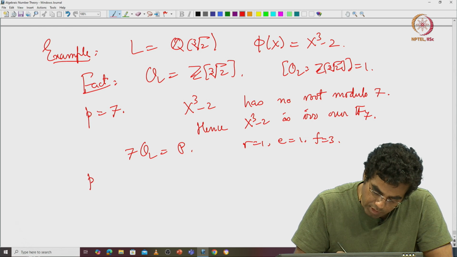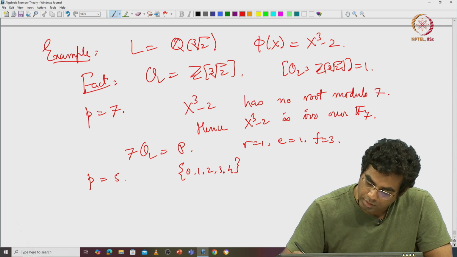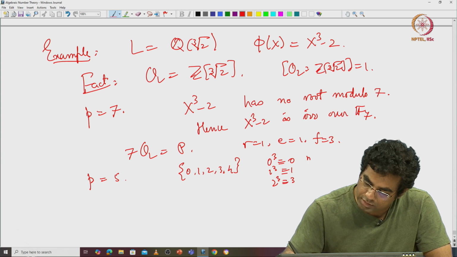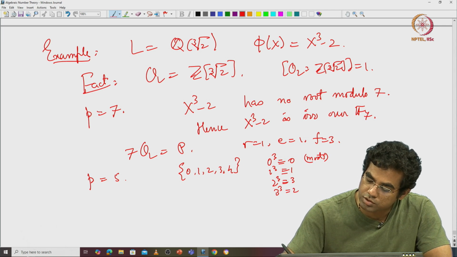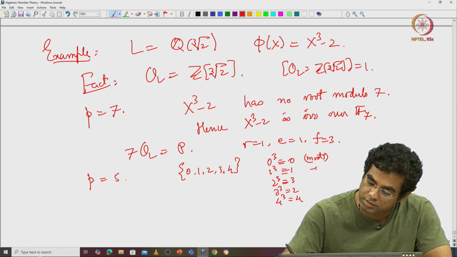Let us take p equal to 5, okay, and so there are 0, 1, 2, 3, 4. 0 cubed is 0, 1 cubed is 1, 2 cubed is 8, which is 3, and 3 cubed is 27, which is 2 mod 5, and 4 cubed is 64, which is 4 mod 5.